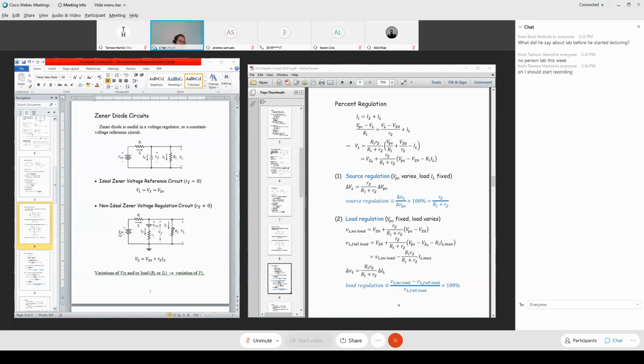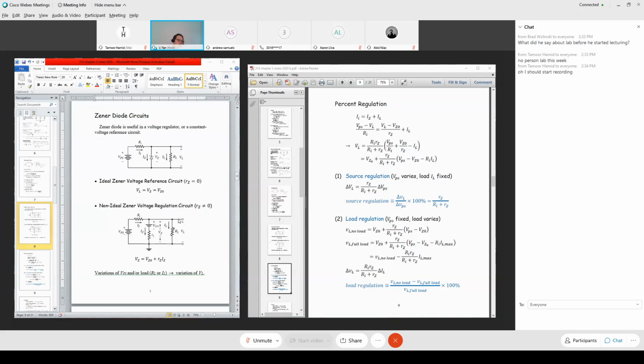And you can see that if the input voltage has variation, then the input current has variation. Part of the input current is diverted to the Zener diode, so the Zener current has variation. If the Zener current has variation, then the full Zener voltage has variation, which means your load voltage is not constant.